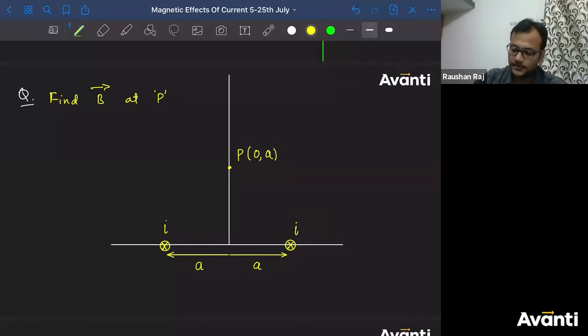This is the story we have. This is y axis. This is x axis. Tell me the answer.